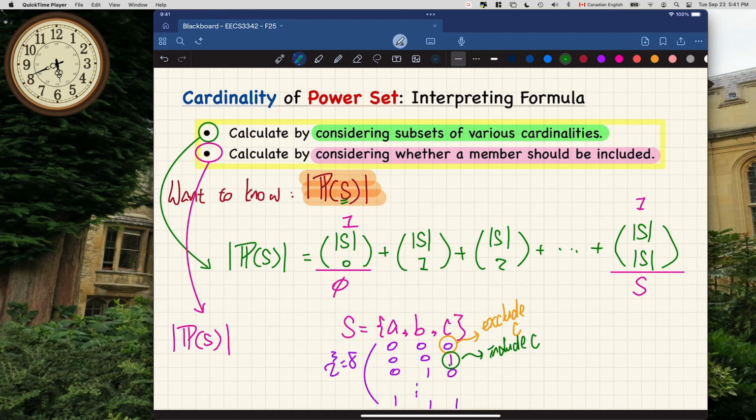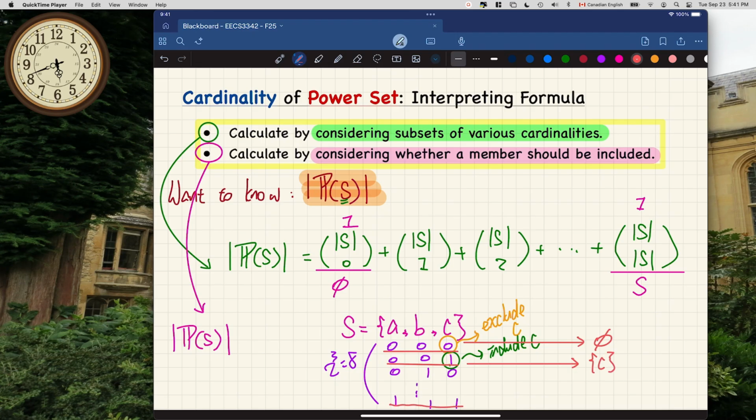Okay, so let's now do some interpretation. 0, 0, 0 means I want to exclude A, B, and C, which corresponds to the empty set, which is a subset, right? What about this one here? 0, 0, 1. I want to include only C, but I want to exclude A and B. In that case, it corresponds to just C right here.